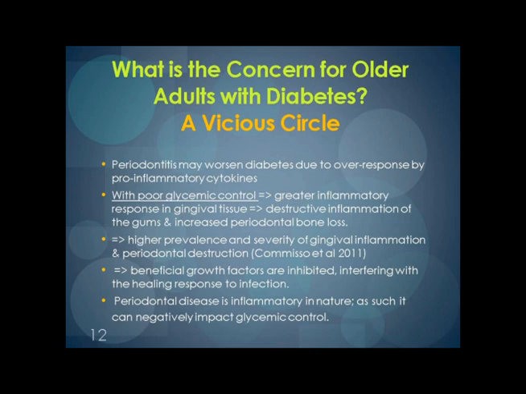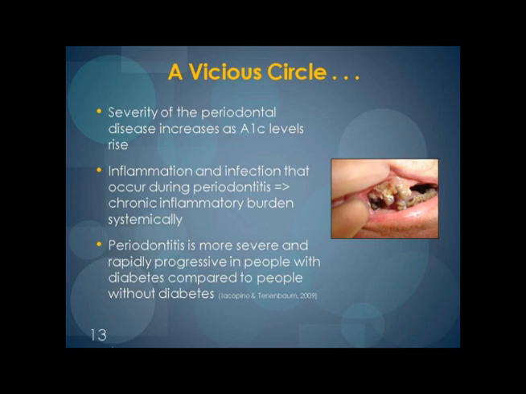Diabetics have a higher prevalence and severity of gingival inflammation and periodontal destruction. Also, the beneficial growth factors are inhibited, interfering with the body's healing response to infection. Periodontal disease is inflammatory in nature, and as a result, it can negatively impact glycemic control. The severity of periodontal disease increases as A1C levels rise.